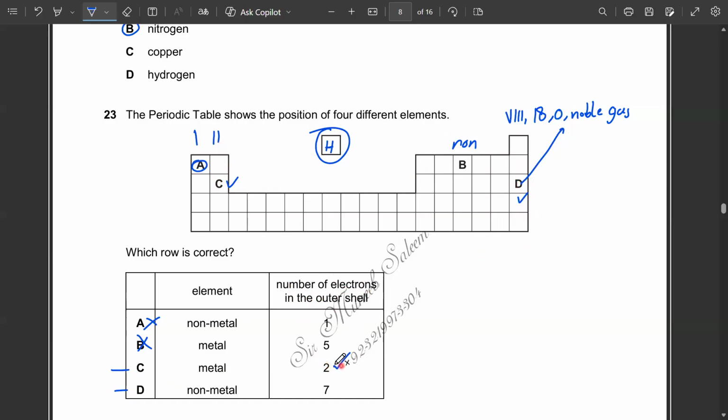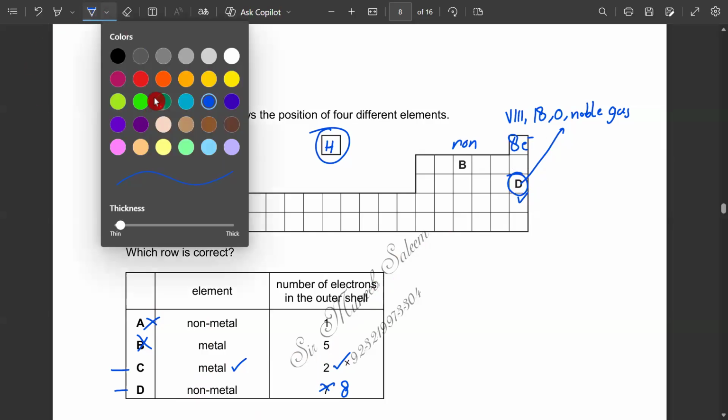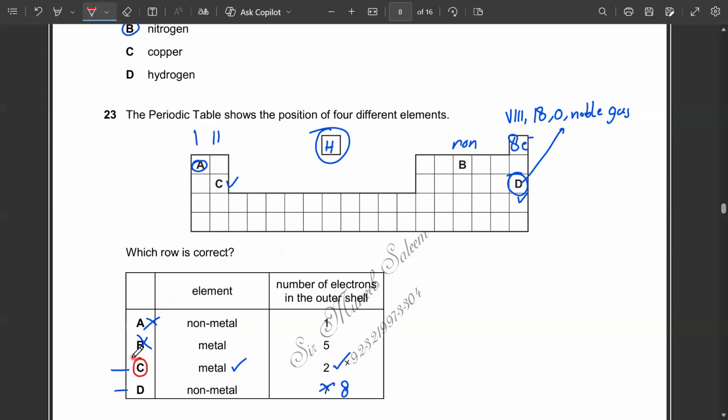So this is also the correct information in the second column. And D, although the first column is correct, the second column is not correct because in D there will be 8 electrons in the outermost shell. So it should be 8, not 7. So for this reason, C is the correct option.